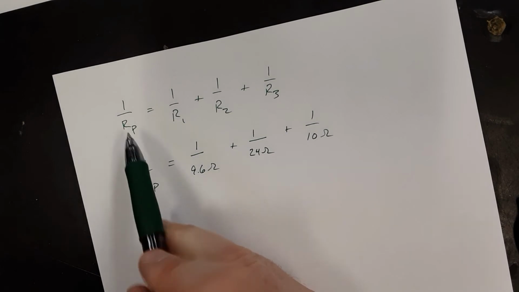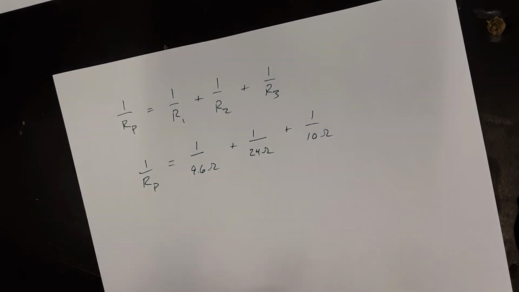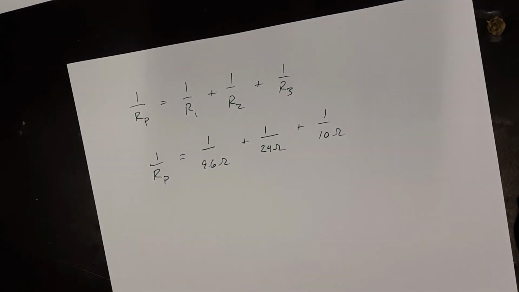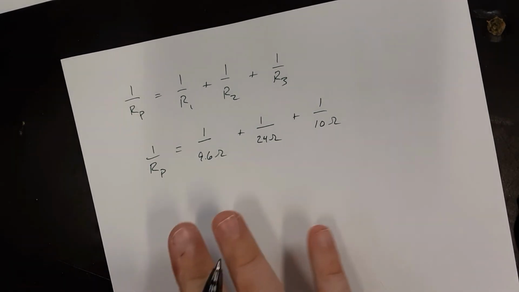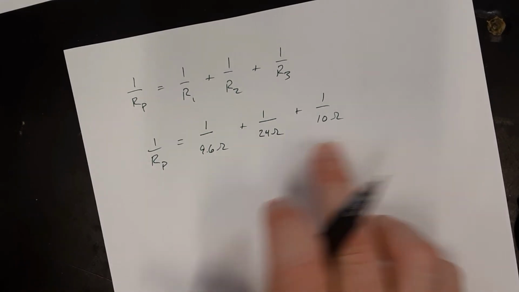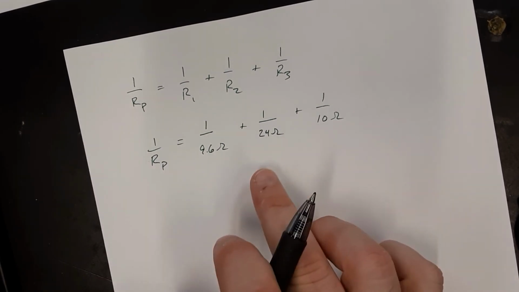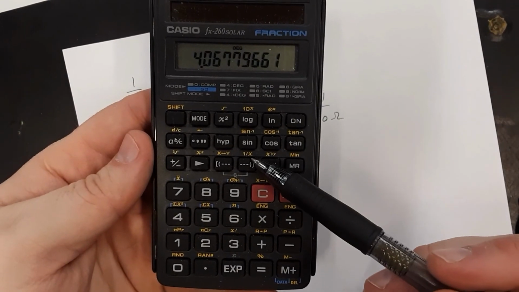All right, now remember, what I'm doing is I'm writing 1 over RP on the left each time. Each of these are equations. They're not just one following after the other like I might normally do. And so when we go and sit down and calculate, these things are just numbers. You use the inverse function on your calculator. Mine is there.